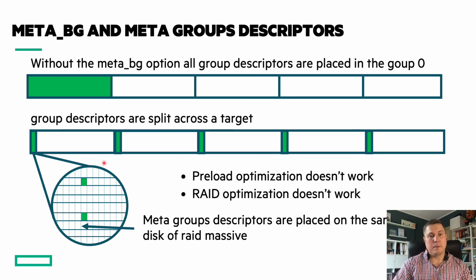So preload optimization doesn't work in this situation, and even RAID optimization doesn't work because of the same offset these chunks have. All of these chunks are placed on the same disk of the RAID array, and RAID optimization doesn't work.